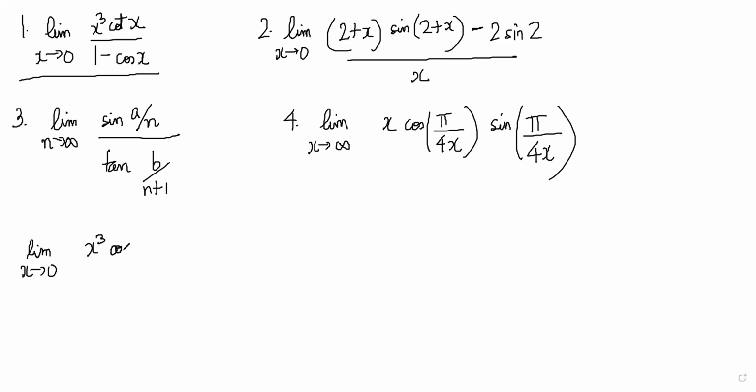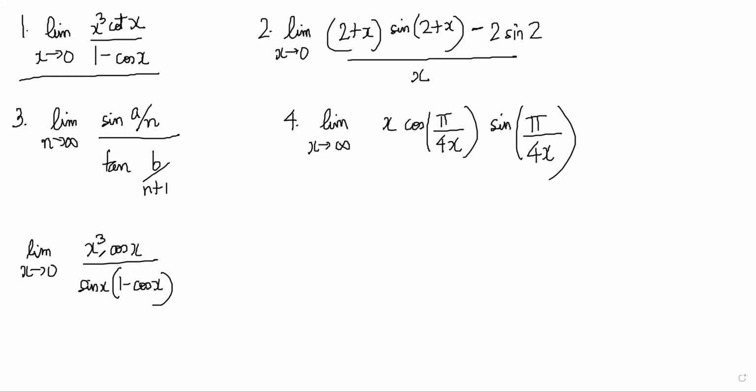So x cubed cos x by sine x times (1 minus cos x), right? See, there are multiple ways to do it. One way to do it would be L'Hopital, because notice that the denominator is tending to 0 and the numerator is also tending to 0, right? So it is in 0 by 0 form, but let's not do that.